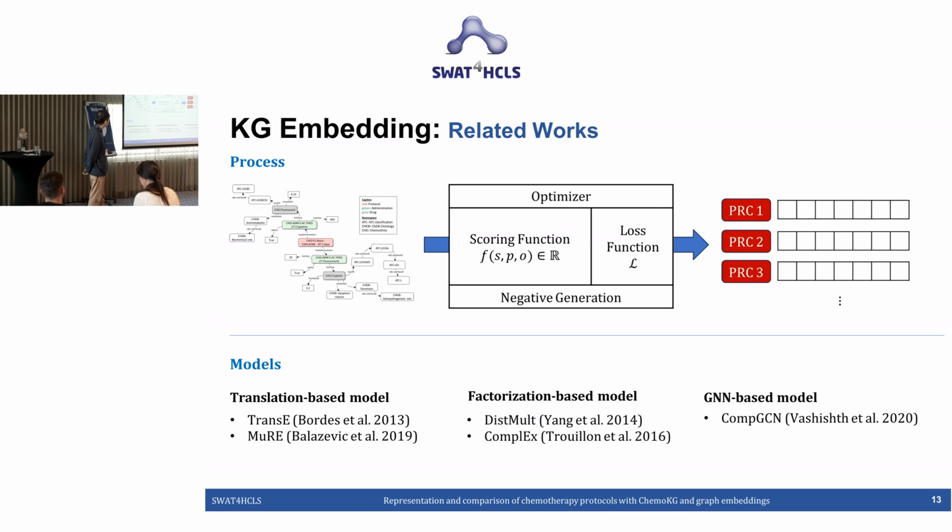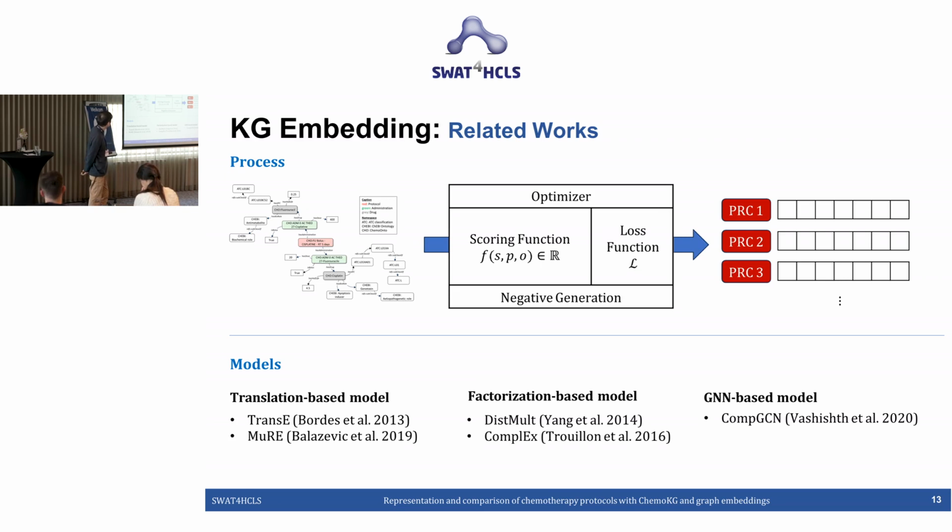So it's H plus R minus T, and that is how translation-based models learn. And then there are also factorization-based models, which relate to the structure of the graph in matrices, and they learn the structure from these matrices.